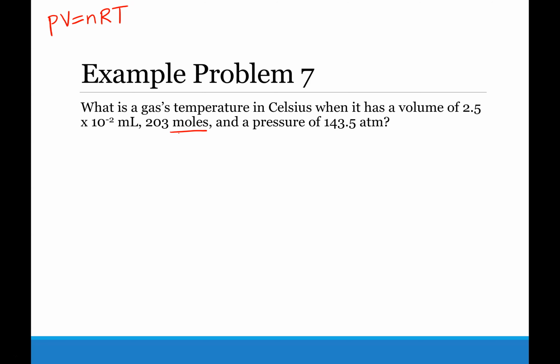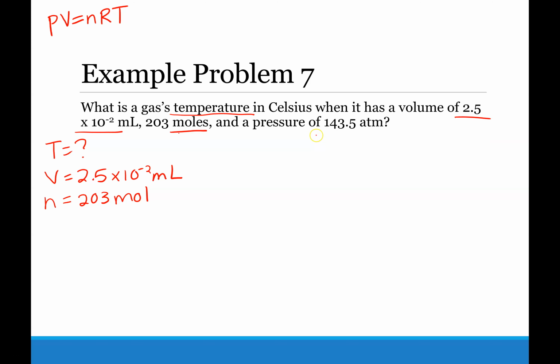So the problem asks us right off the bat for the temperature, so we know that's the variable that we're going to be looking for. It says that the volume is 2.5 times 10 to the minus 2 milliliters. It says that N equals 203 moles.